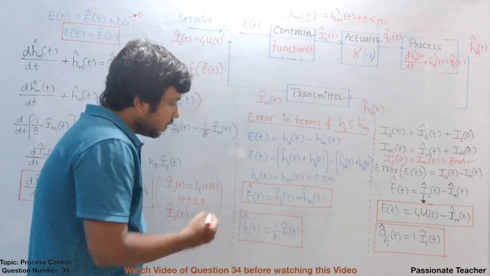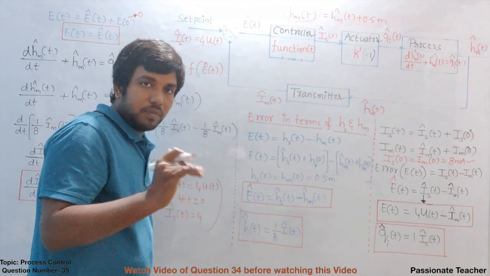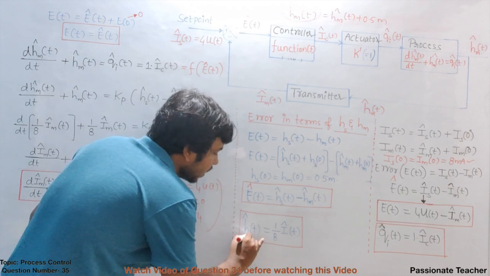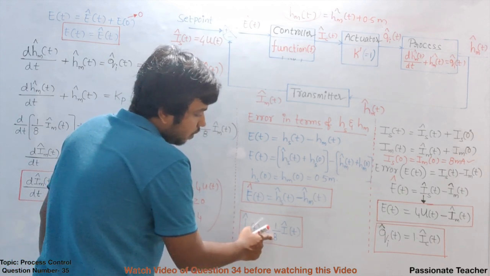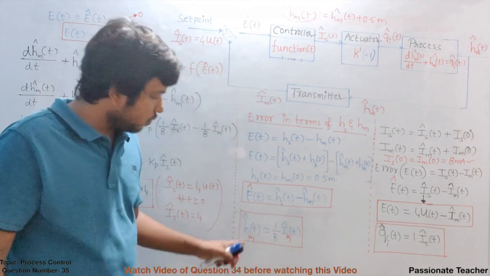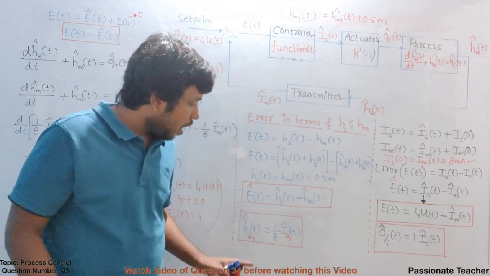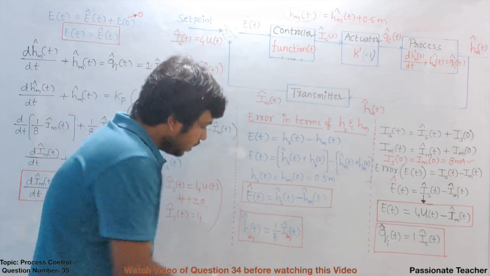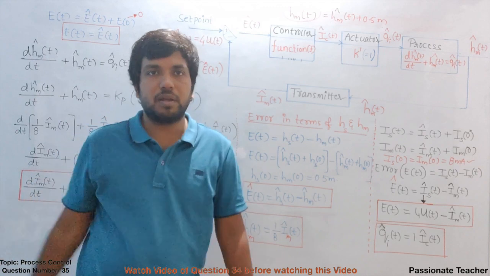Suppose I ask how the deviation of the water level in the tank and the measured current are associated, then this becomes HM cap of t equals 1 by 8 IM cap of t. That's all. This is the relation between water level and current. Suppose I ask how HS cap of t and IS cap of t are related, then instead of M you use S, and it will be clear to you.